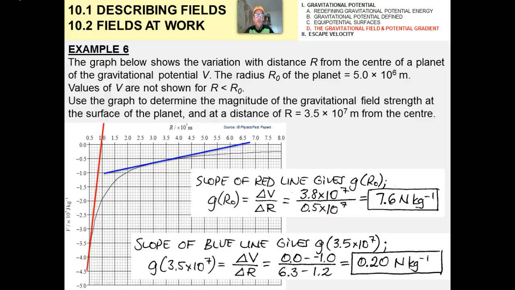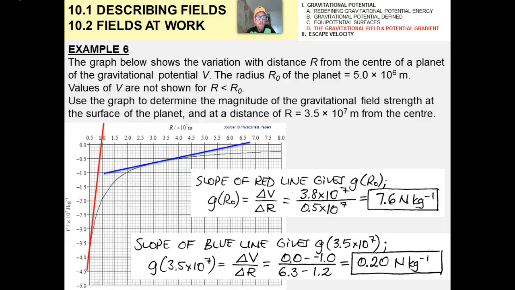Now, very important to point this out, and you're going to need to be able to do this, okay? Given the function V of r, which is negative GM over r, you should be able to take its derivative and determine exactly what the slope is at any particular given point of r. Okay, I'll say that again.